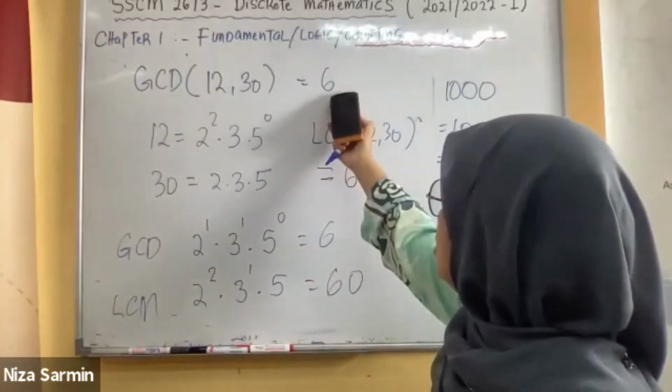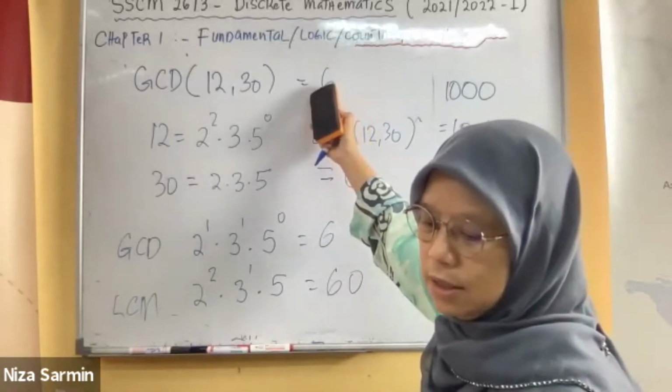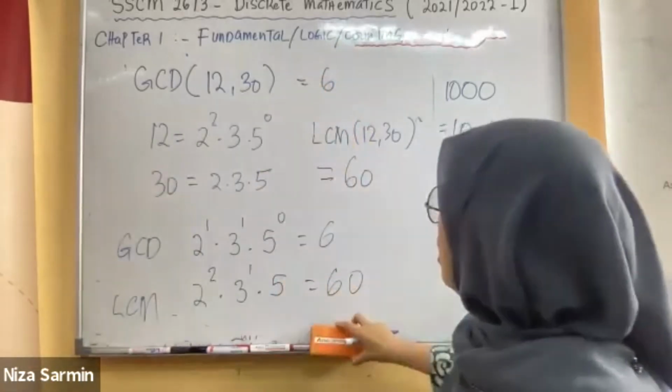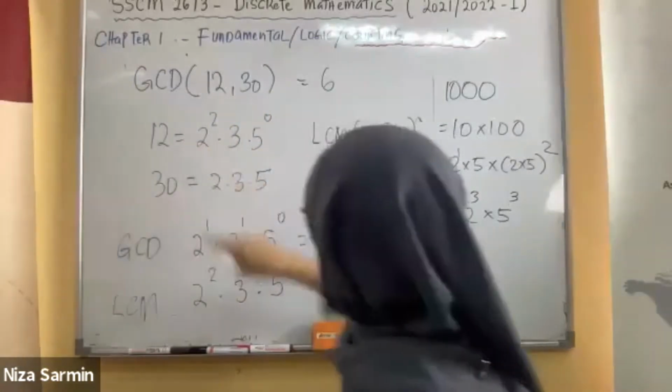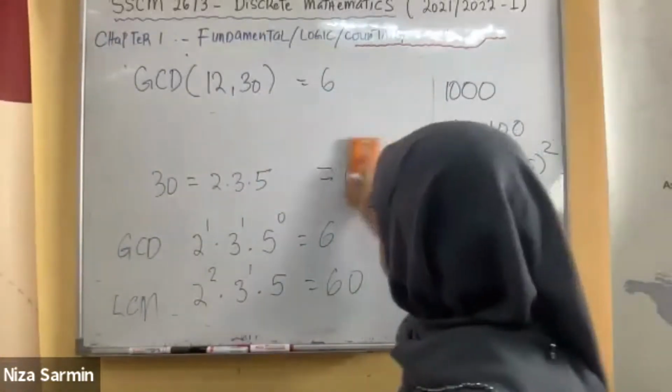If this is the GCD, you can write this GCD as, how do you write this?